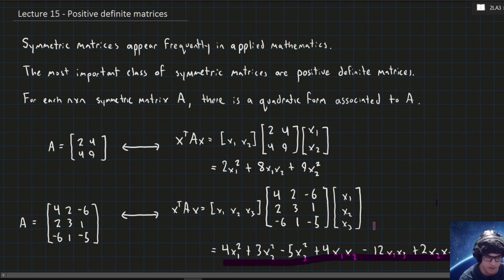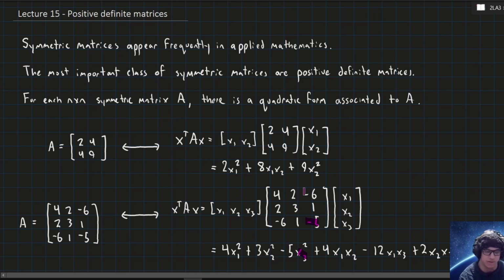But again, it's easy to see the correspondence between this polynomial and the symmetric matrix that generated it. On the diagonal, x1 squared will give 4, x2 squared will give 3, x3 squared will give negative 5.